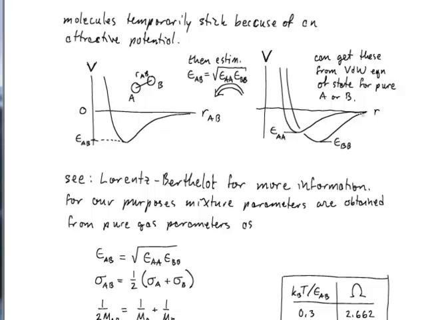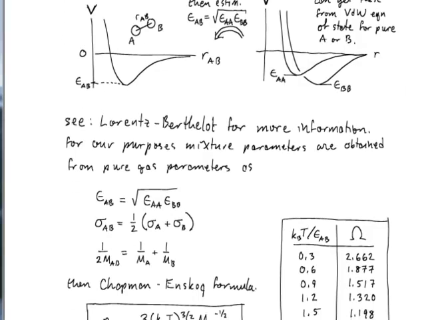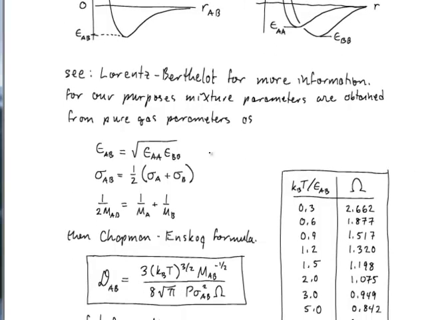So I can think about the interaction between a BB collision pair and the interaction between an AA collision pair, and I can use the epsilon AA and the epsilon BB to estimate the epsilon AB, and these are the so-called Lorentz-Berthelot mixing rules for describing the effective potentials between mixtures. So we won't go into that. Maybe you should see Jacob's book if you want to see more about that.